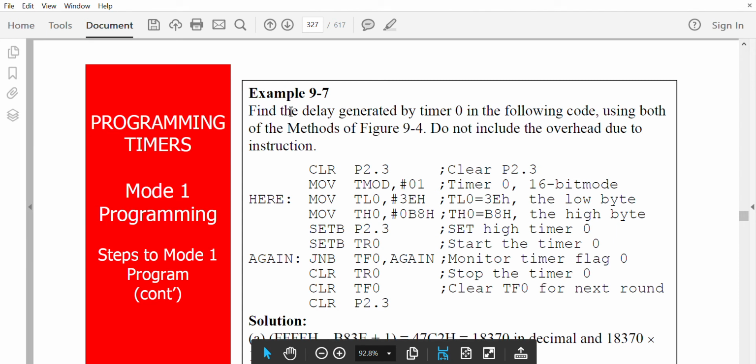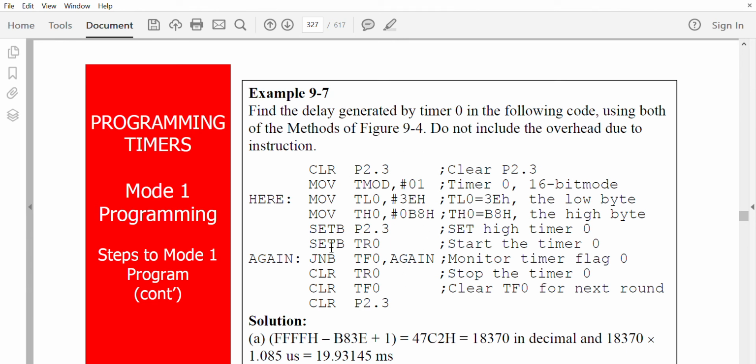The next question is: find the delay generated by timer 0 in the following code using both methods of 9-4. Do not include the overhead due to instruction, so you needn't write the number of machine cycles for each instruction. You have a program here.